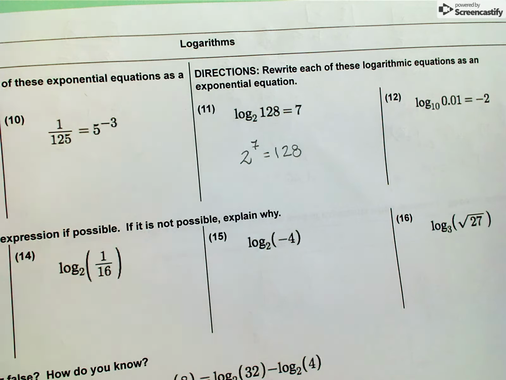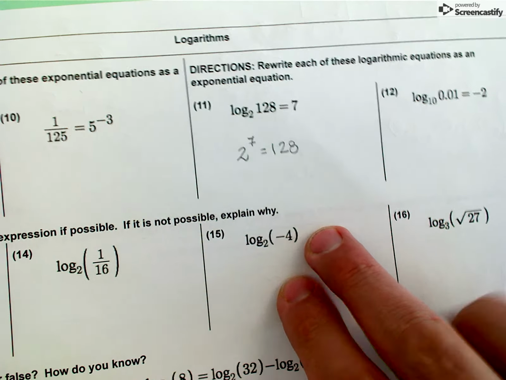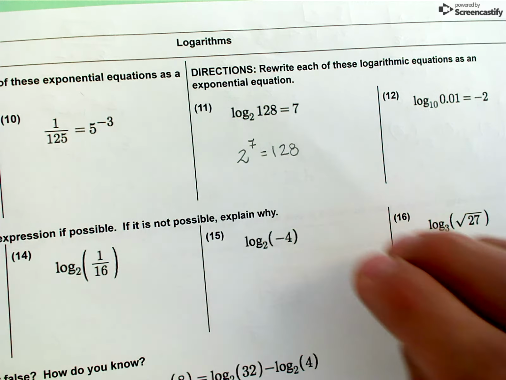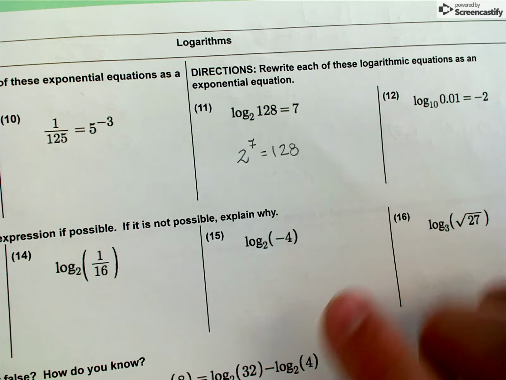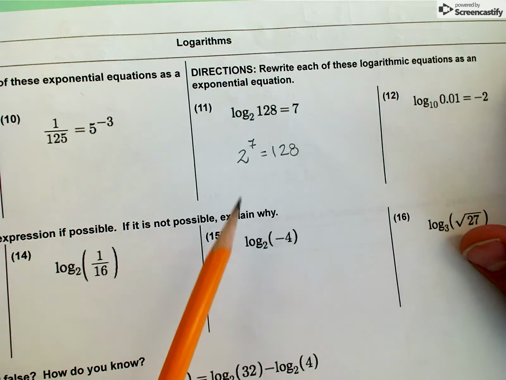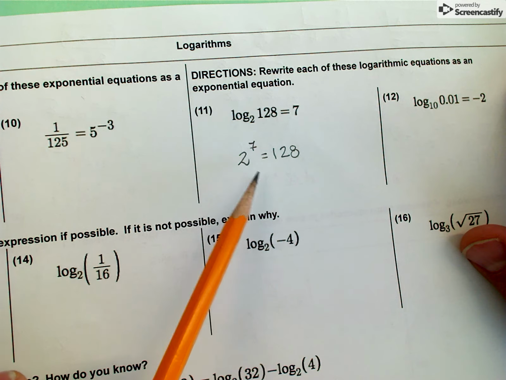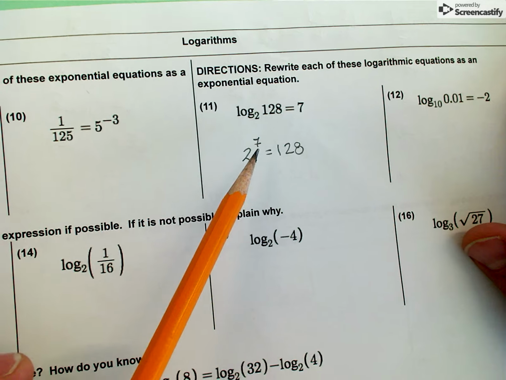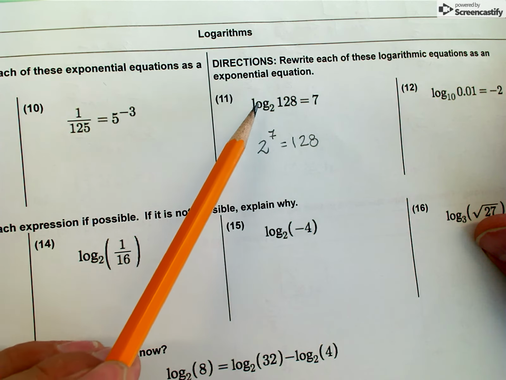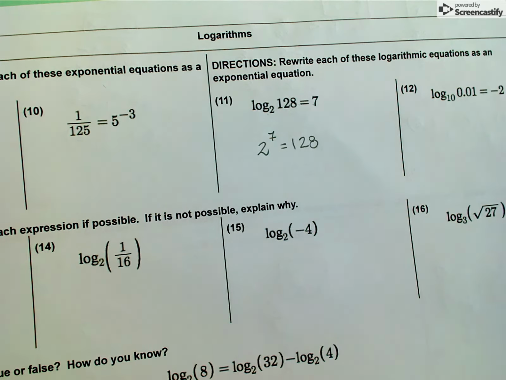And if you just take some time to multiply out your powers of 2, it's 2 times 2 is 4, times 2 is 8, another 2 is 16, and then 32, that's 5 2s, and then 64 is 6 2s, and then 128, that's 7 2s. So I just checked that this exponential equation is valid, and this informs the structure of the logarithm. And what we say is log base 2 of 128 equals 7.